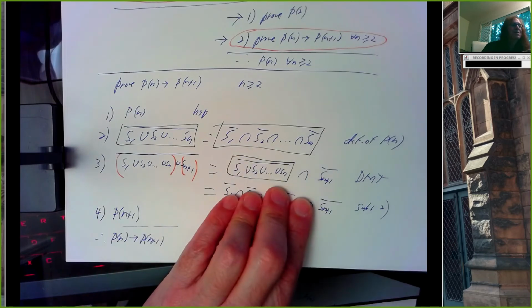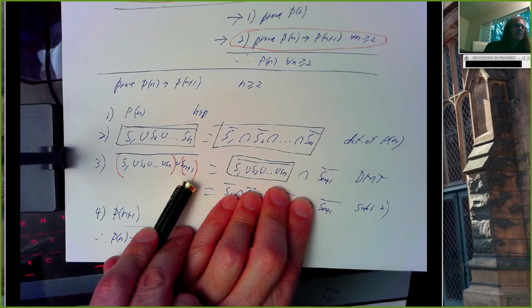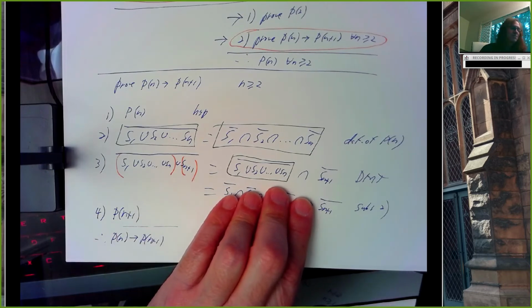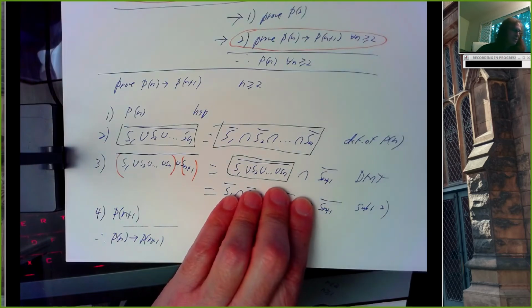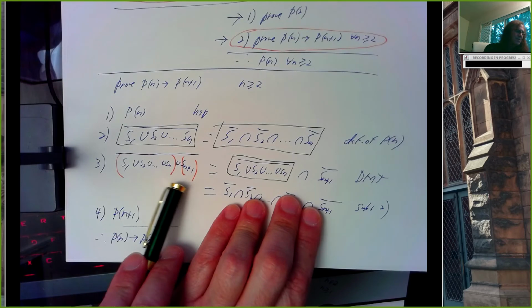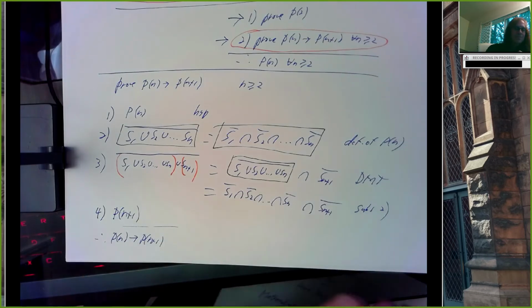So this was just a statement of De Morgan's theorem. But how did I know that I should take the union with Sn plus 1? That's where the intuition is going to come in. That's where putting an ignore section on the side of our page and playing around with things and thinking about what we're trying to get to is going to help us say, oh, you know what, I should take the union of this with Sn plus 1 and then apply De Morgan's theorem.